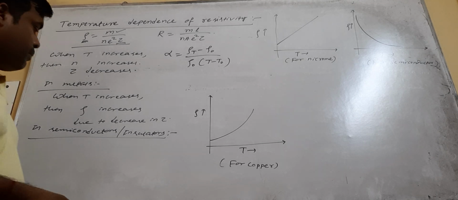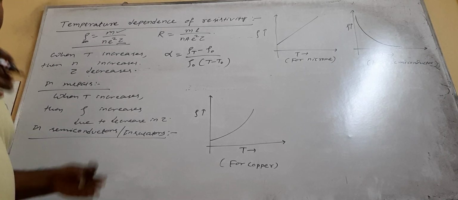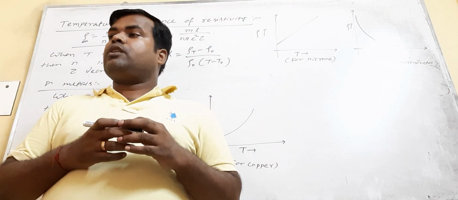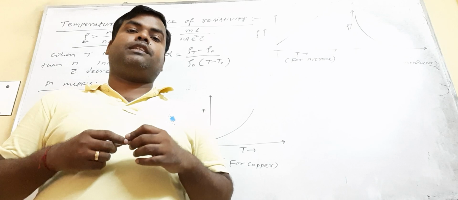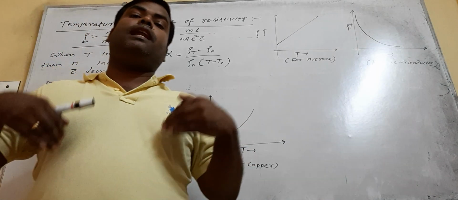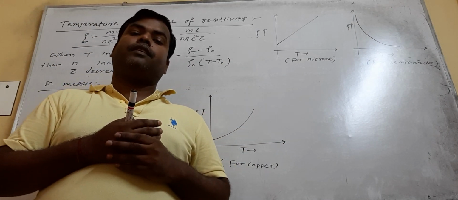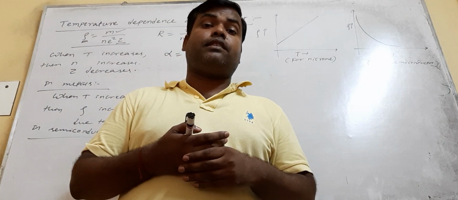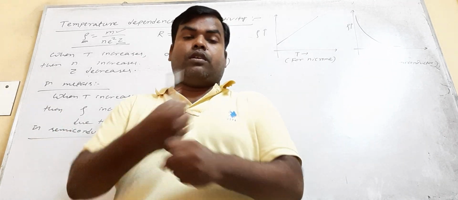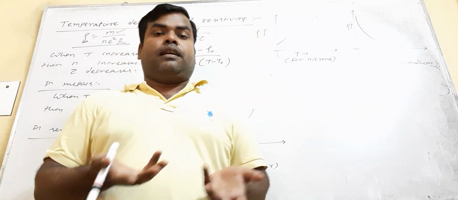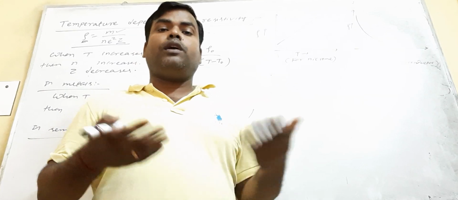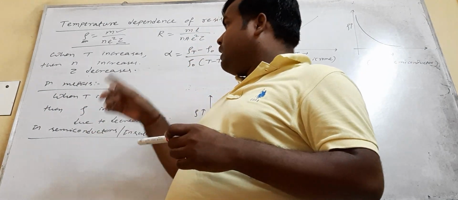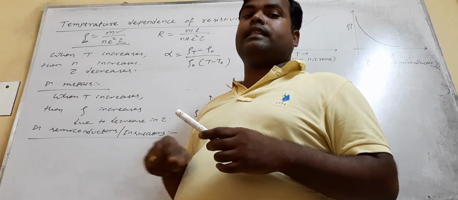You know, in the case of semiconductors and insulators, there is a very small number of free electrons. So when you increase the temperature, some more electrons become free. As there are very few free electrons, the relaxation time has no real effect on the resistivity. Here N has more effect on the resistivity.